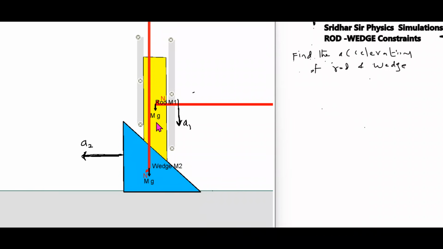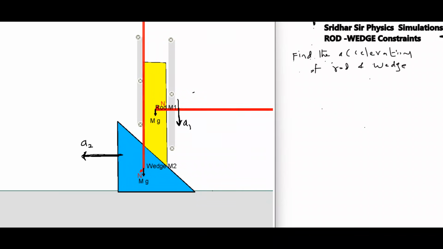Here the weight m1g will be acting, the component of normal reaction, and the acceleration a1. The component of normal reaction will accelerate the wedge. So for this we'll write the equations of motion, solve them, and then I'll show the basic constraint equation.